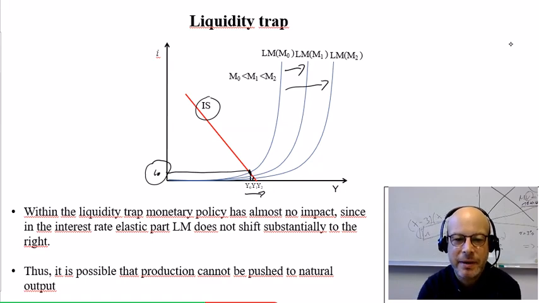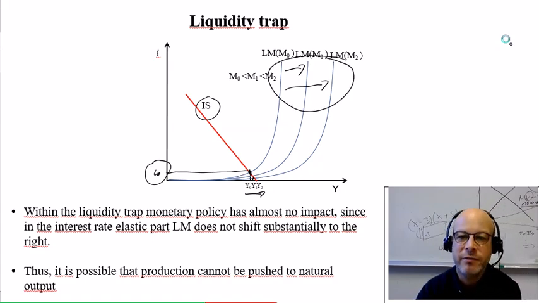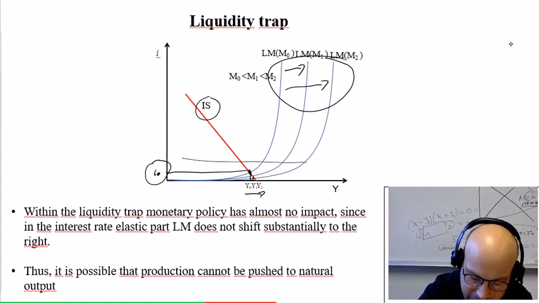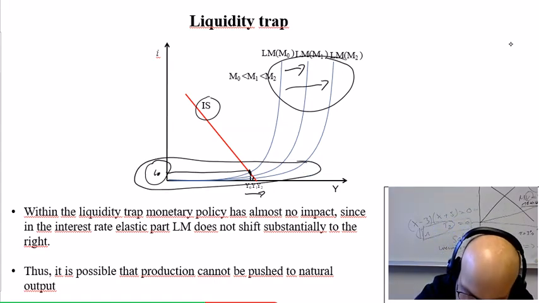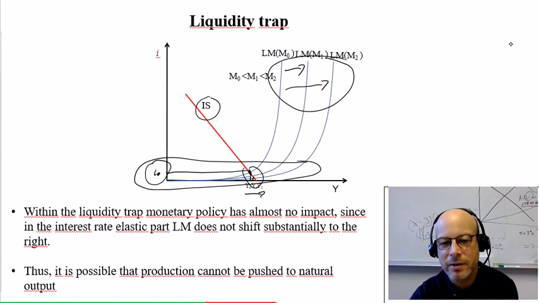This doesn't happen within this scenario because the shift of the LM curve has unfortunately only an impact in high interest rate scenarios or higher, at least medium level. But if we are just down here, then we see there is still some shift in this more or less horizontal part, but we have almost no quantitative effect.